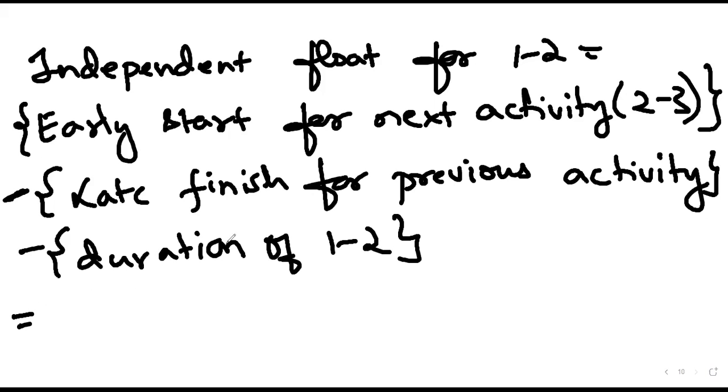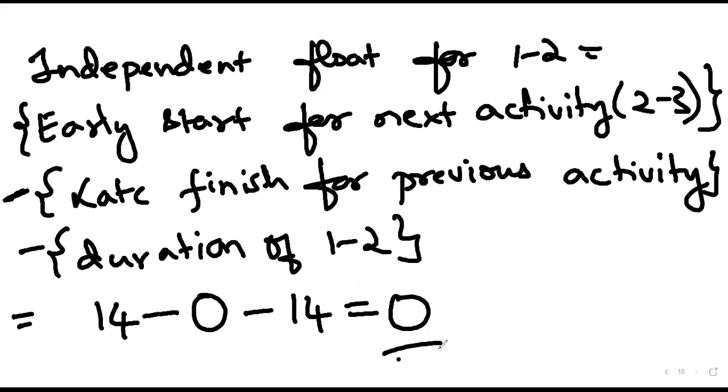Okay, so what is the early start for the next activity? What is the value? 14. And what is the late finish for the previous activity? 0. Duration of 1-2? 14.